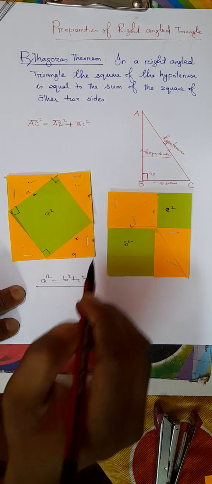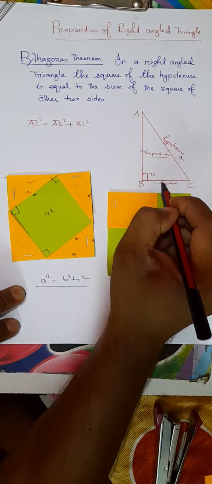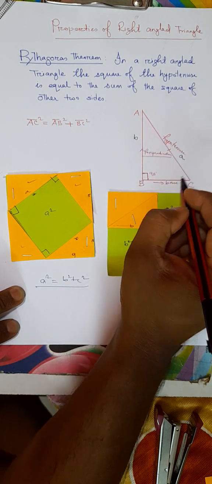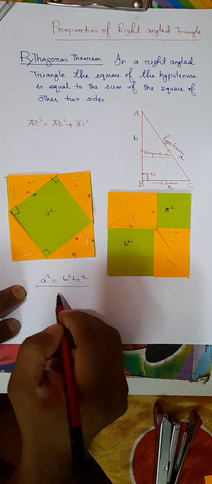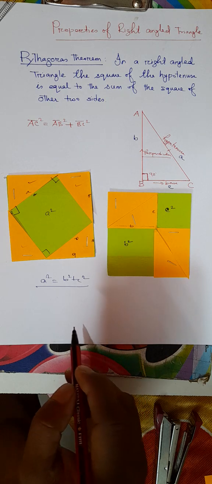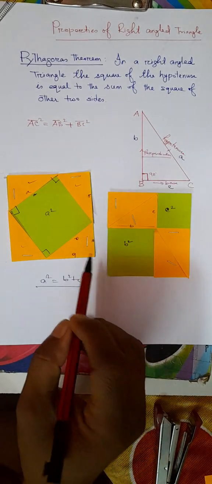Here a means the length of the hypotenuse, b means the perpendicular length, and c means the base. So area of square of the hypotenuse equals sum of the square of other 2 sides. This is how you can prove the Pythagoras theorem by paper cutting method.